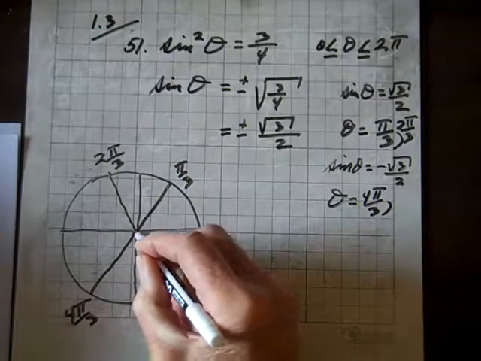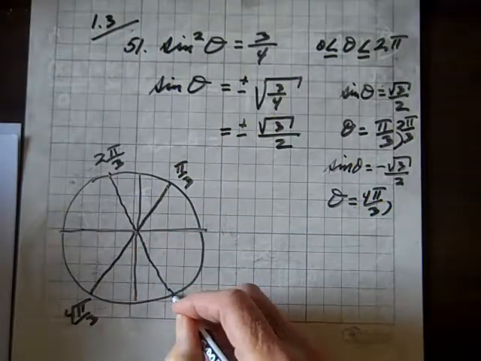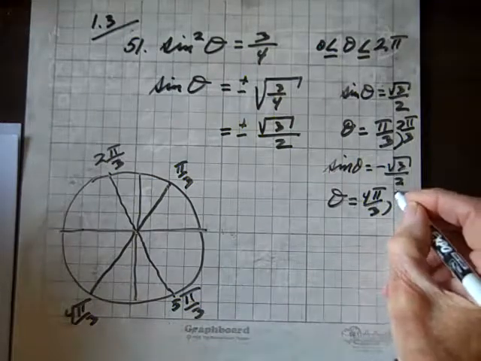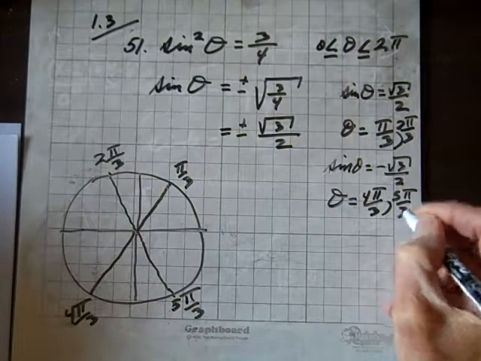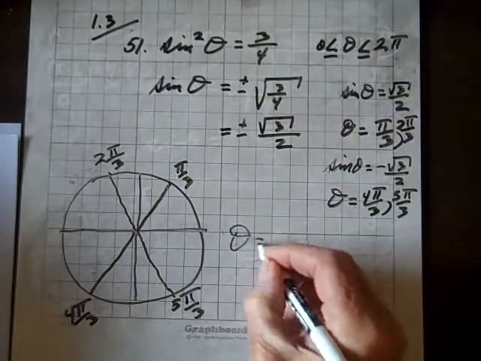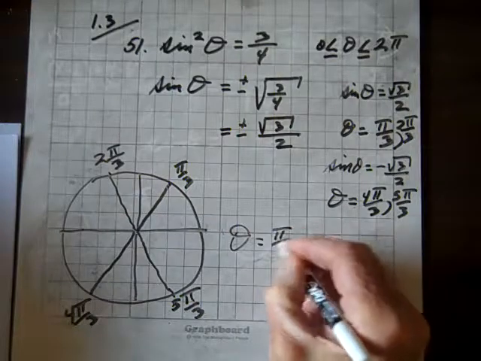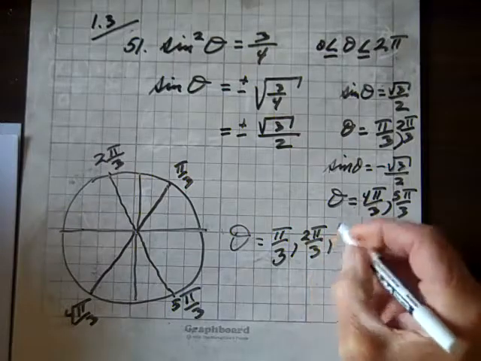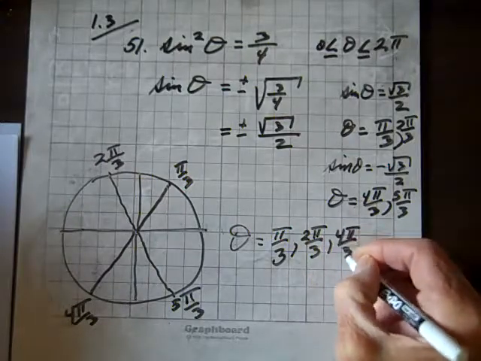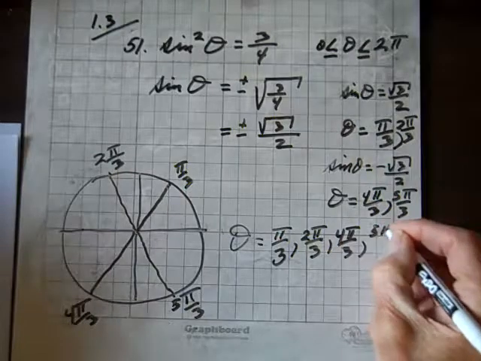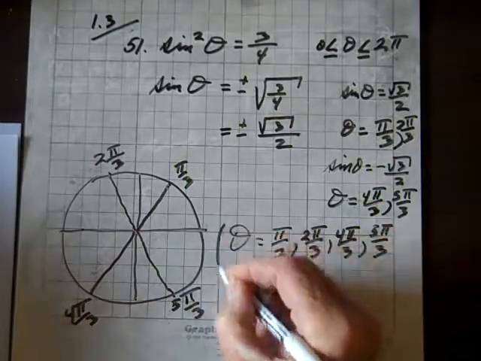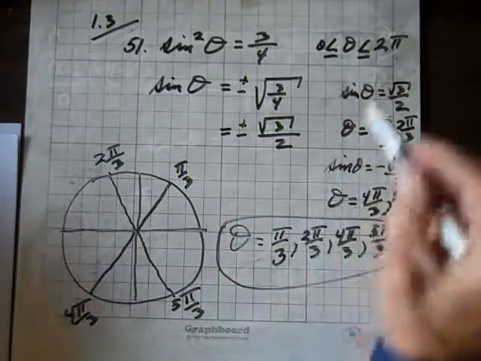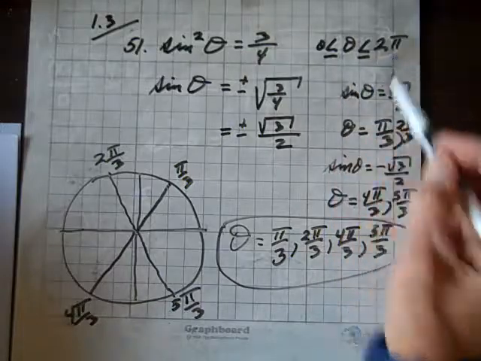And add another pi over 3, and we get 5 pi over 3. So therefore the solutions are pi over 3, 2 pi over 3, 4 pi over 3, and 5 pi over 3. And they are all in the interval 0 to 2 pi, and we're done.